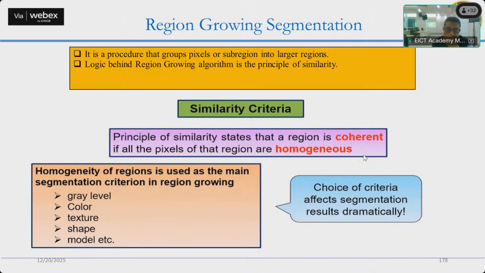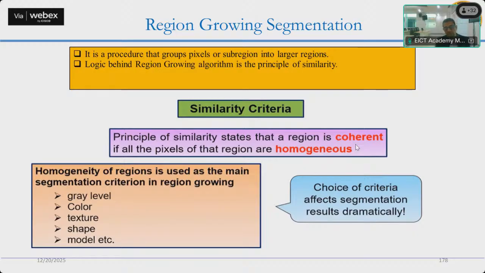Another is region growing segmentation. It is a procedure that groups pixels or sub-regions into larger regions. The logic behind region growing is the principle of similarity. For example, our geographical maps are there, and there we use it. The principle of similarity states that a region is coherent if all the pixels of that region are homogeneous.